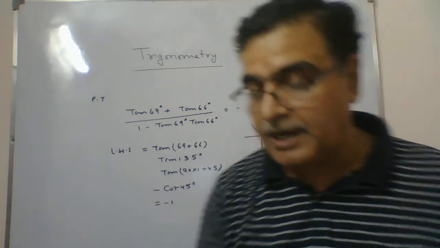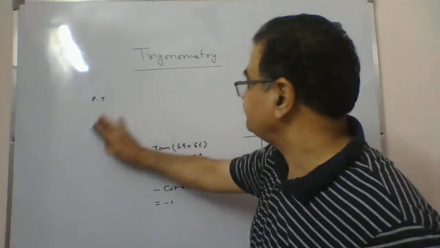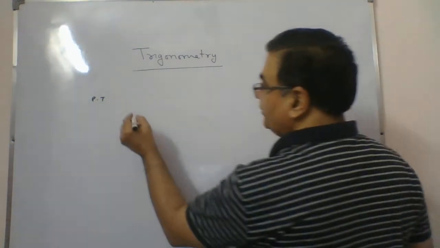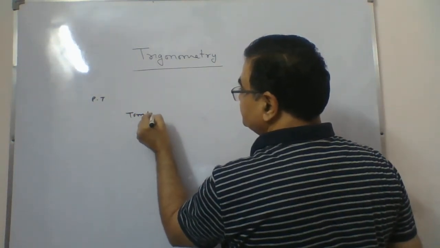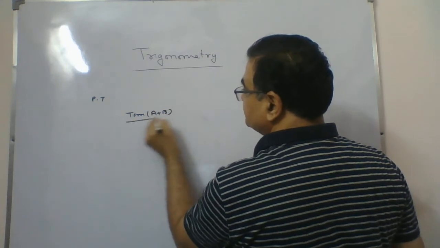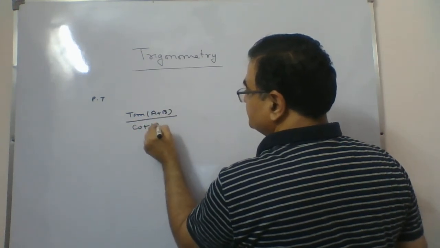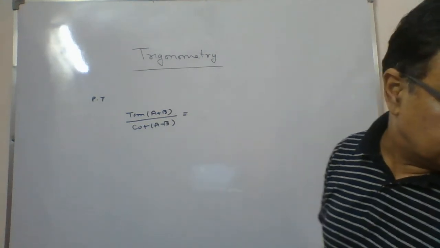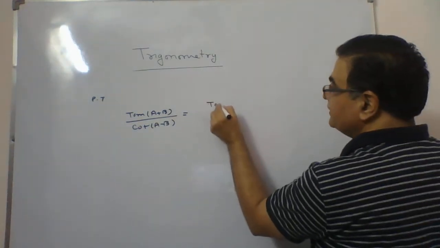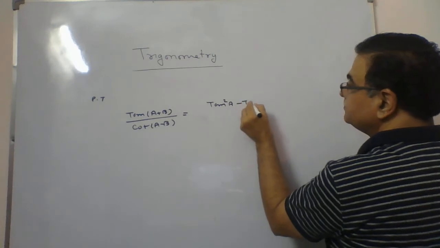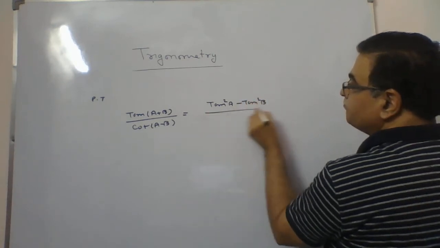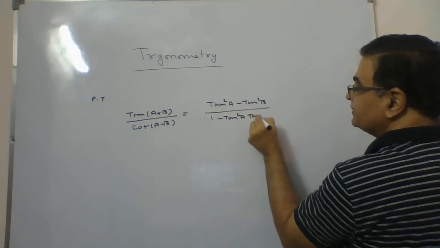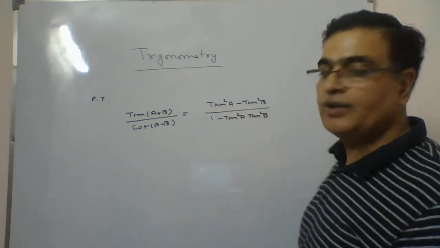Tan A plus B by cot A minus B. This we have to prove as tan square A minus tan square B by 1 minus tan square A tan square B. This is the question we have.